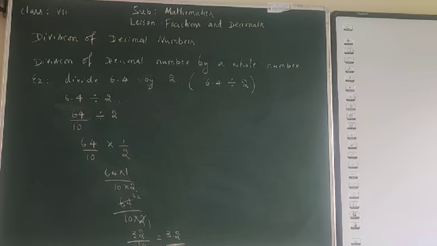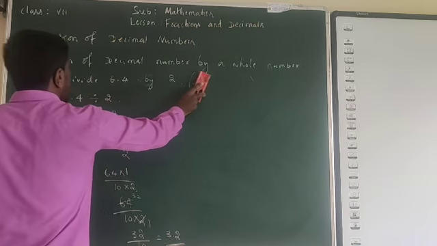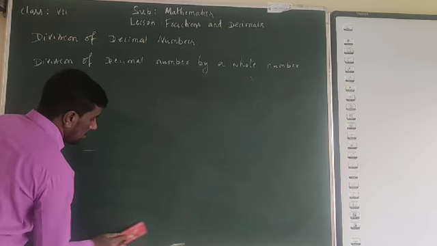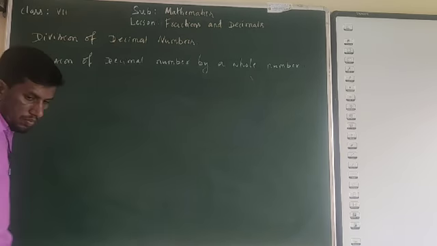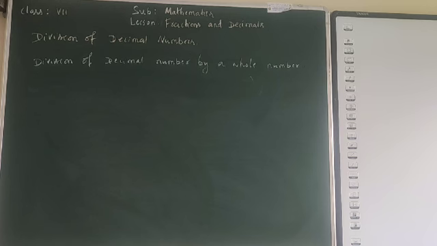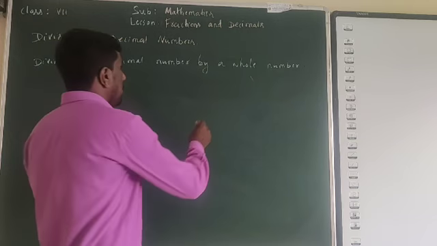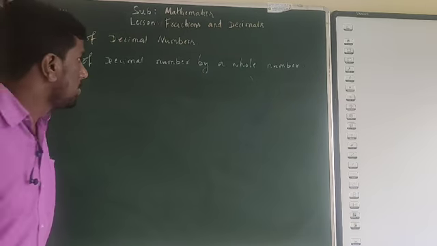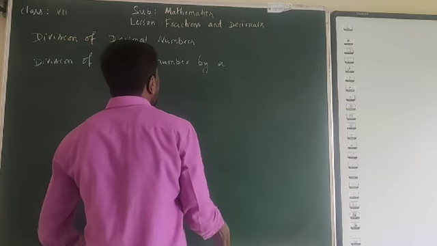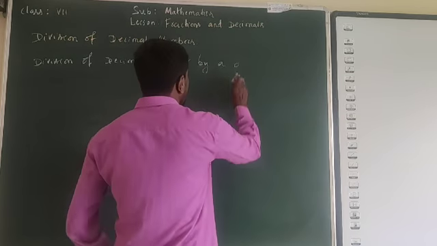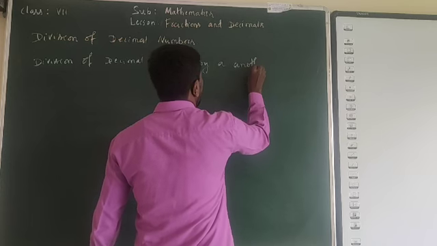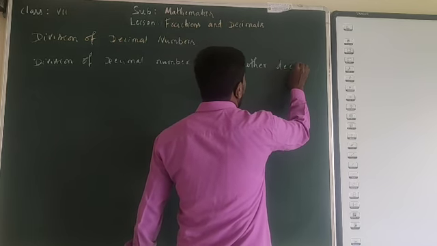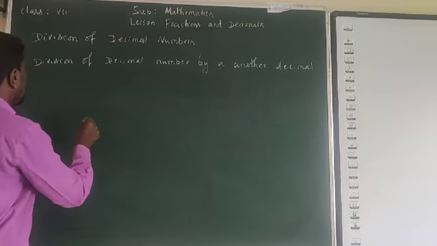So this is division of a decimal number by a whole number. Next we will have division of a decimal number by another decimal number.